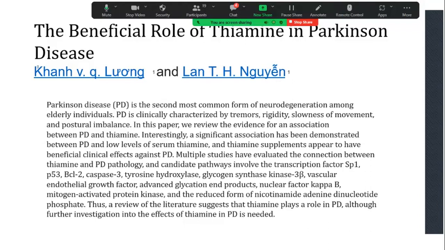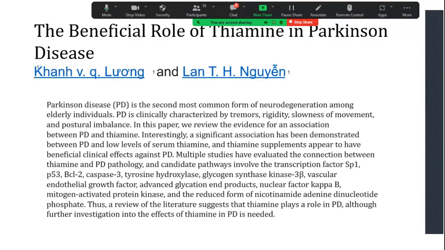You can see it's very clear. It is anti-inflammatory, it increases antioxidant expression, it is anti-apoptotic by blocking p53, and it enhances the synthesis of dopamine by stimulating tyrosine hydroxylase. But I want somebody to give us a complete lecture on thiamine and Parkinson's.